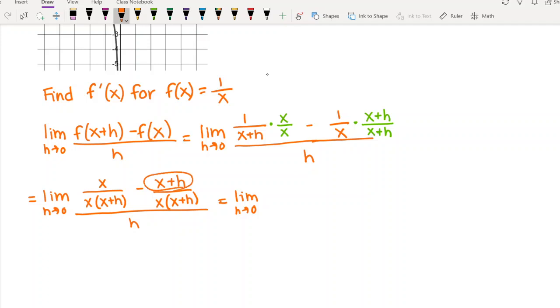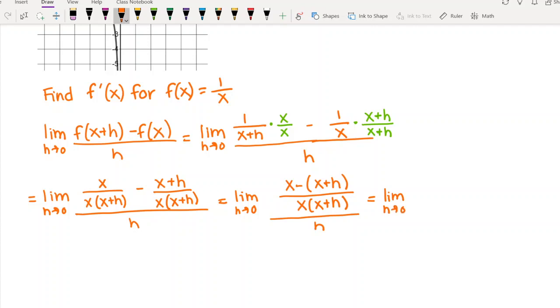The entire numerator has to be subtracted, so you have to put parentheses around it. Our numerator is going to be x minus parenthesis x plus h. And that's all divided by x times x plus h. And that's all divided by h.